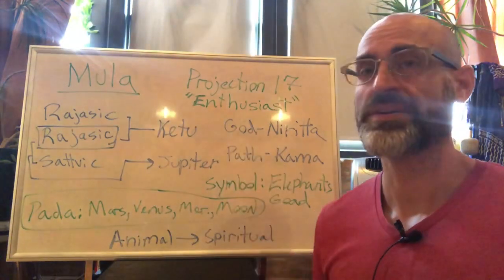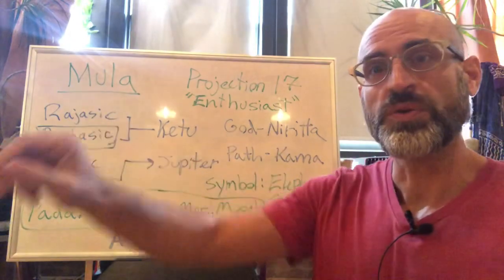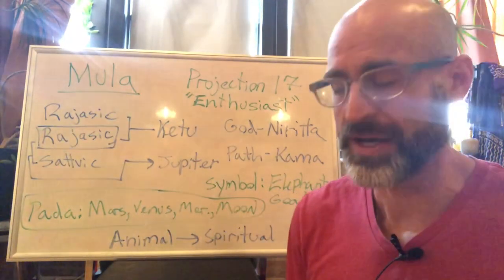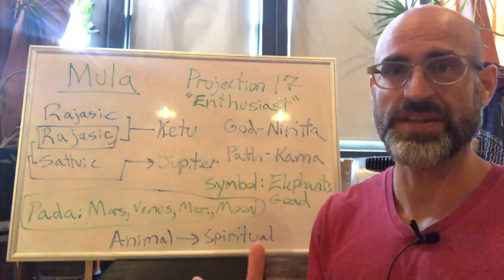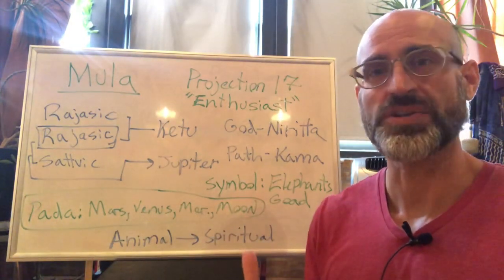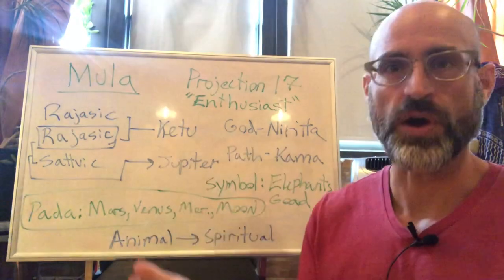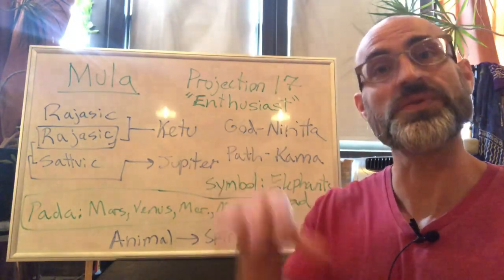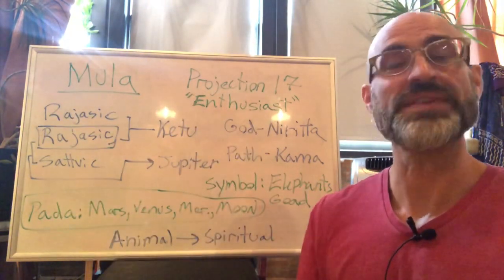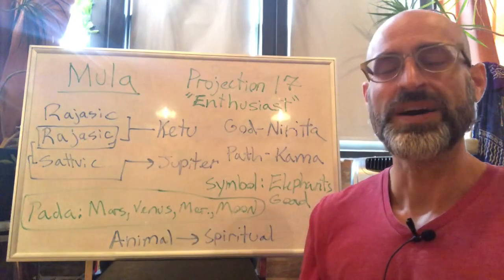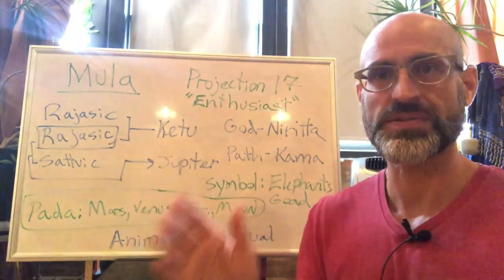So Mula, getting to the actual nakshatra itself, if we look at the Gunas, it says a lot. The positive manifestation of this particular nakshatra is essentially fulfilling karma in a lot of ways, but it's also the very beginning of the spiritualization process in the zodiac. This is the first nakshatra within Sagittarius.